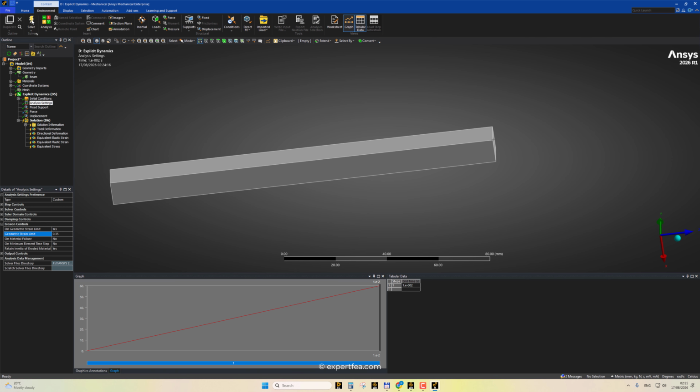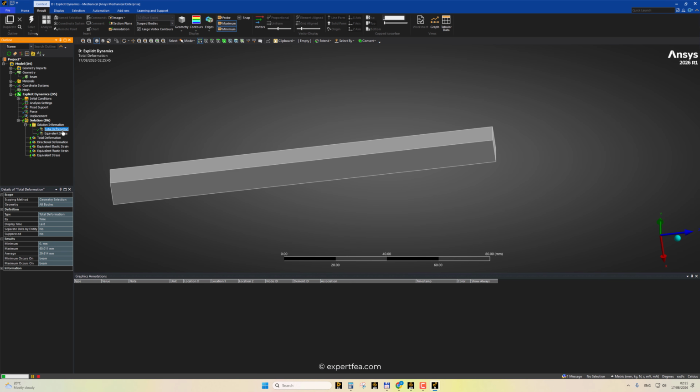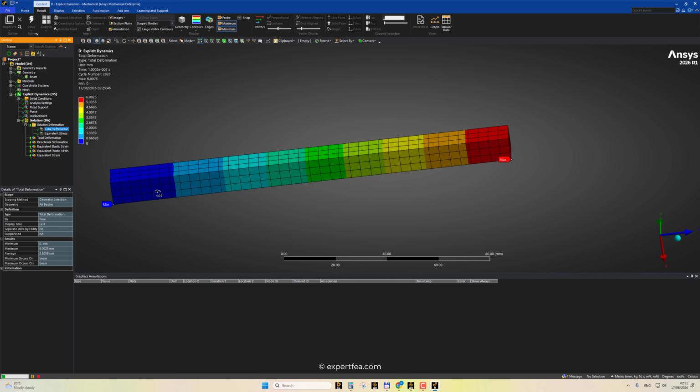So let's save. Let's solve. So I have assigned some trackers. This means we can see live what happens with the simulation values.